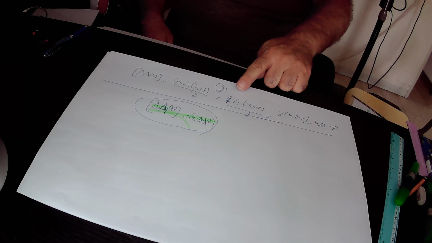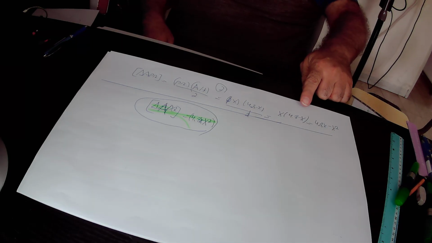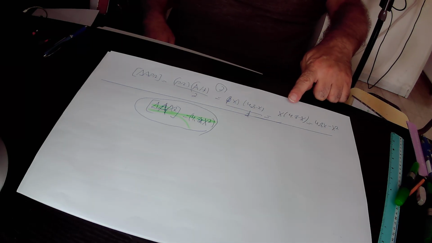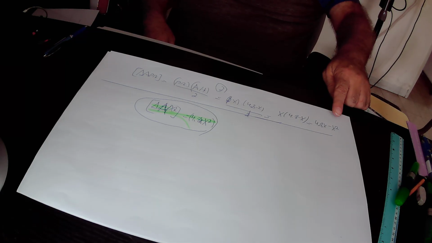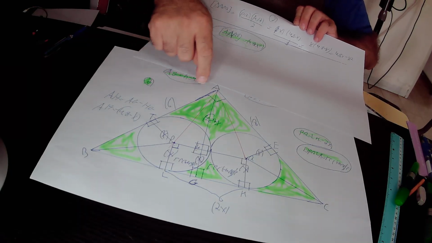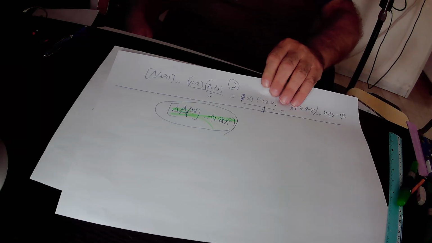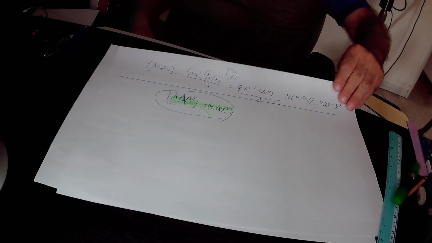We have 2 in the numerator and 2 in the denominator, so the 2s get cancelled, and we have x times 4.8 minus x. We open the brackets of this expression: x times 4.8 is 4.8x, and x times minus x is minus x squared. So in total, we found that the area of the small triangle APQ equals 4.8x minus x squared, in square units.